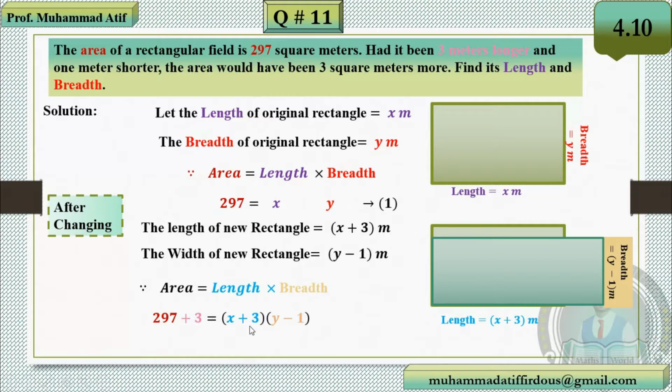We have length x plus 3 and breadth y minus 1. So after simplifying, you have your equation number 2. Got it? So one equation from the original rectangle and one equation from the new rectangle. Then solve these equations simultaneously. You have your answer. You have to find the length and breadth of this original rectangle.